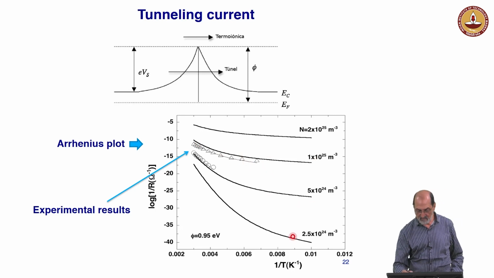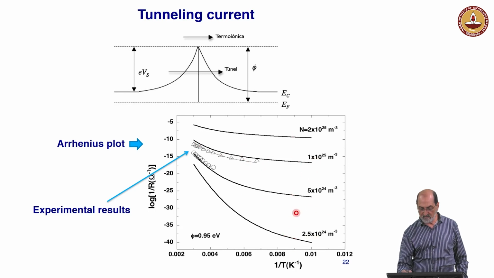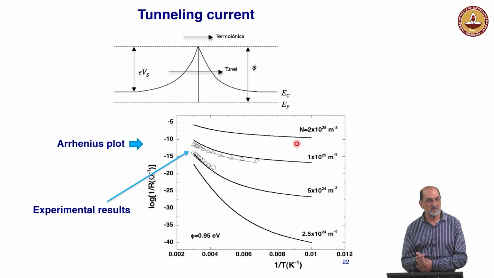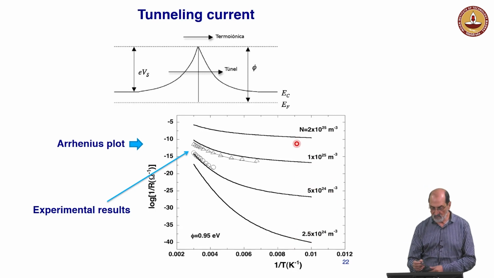We have here some theoretical results for different dopings. The higher the doping, the narrower the barrier is going to be. The narrower the barrier, the larger the contribution of tunneling. And this is what we see: the conductivity increases.